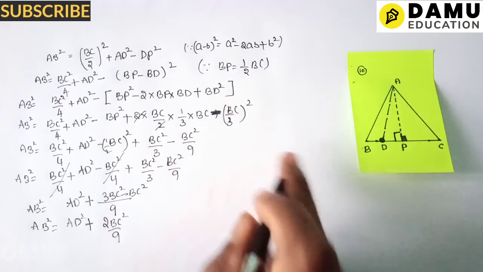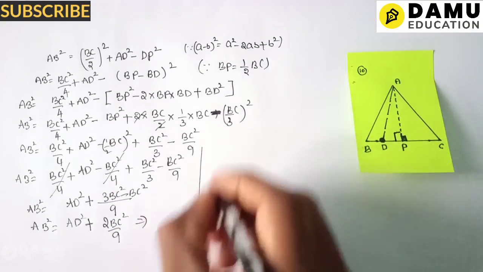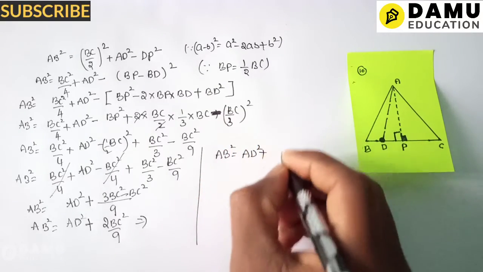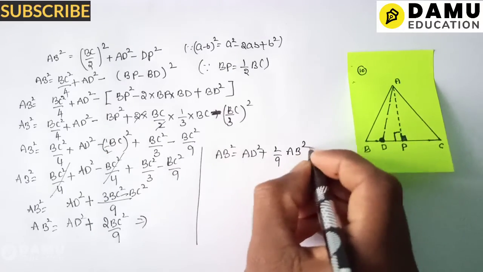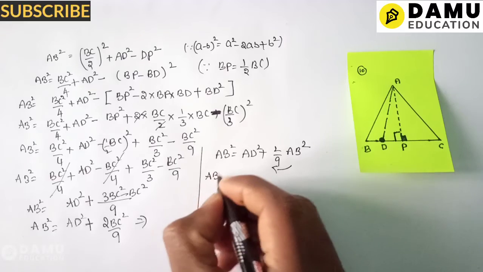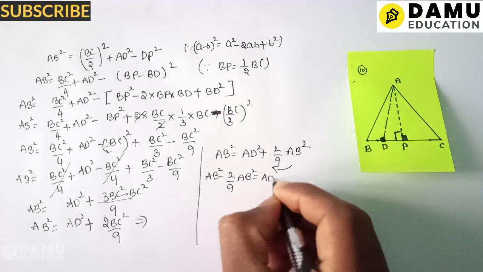Since BC is equal to AB, AB square will be equal to AD square plus 2 by 9 AB square. Shift this to the left side: AB square minus 2 by 9 AB square will be equal to AD square.